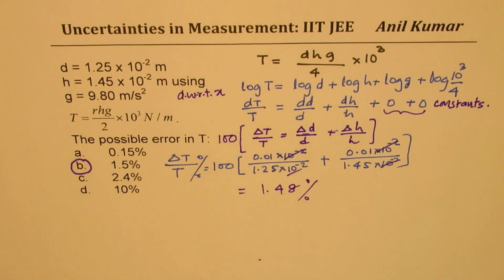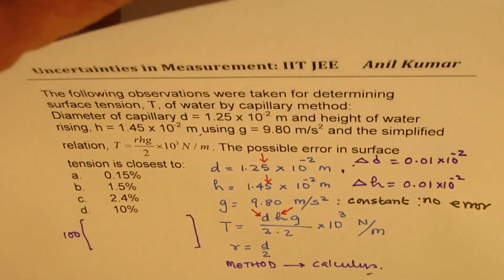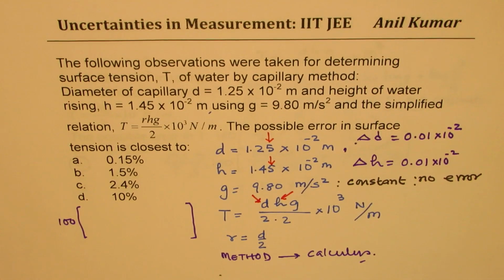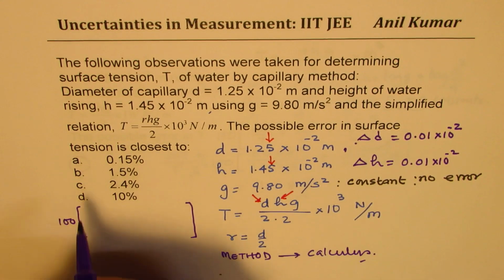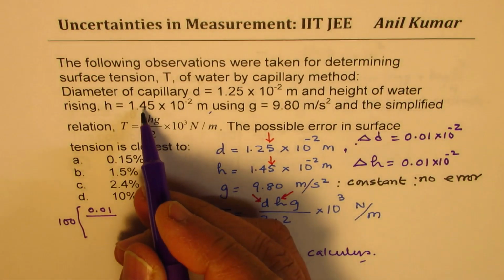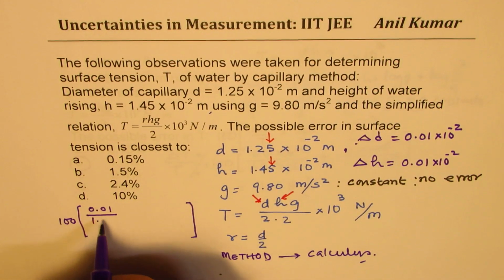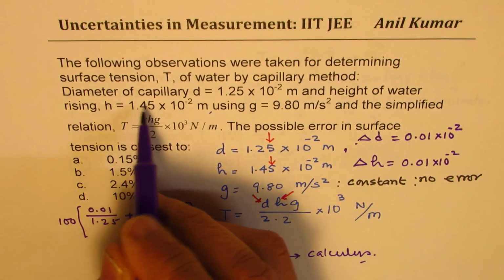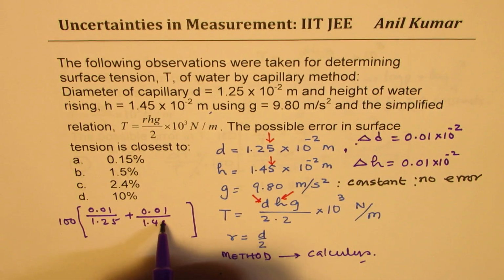Getting back to our original page, let's see where we were. It is right here. We could have straight away written the changes, which is 0.01 over the original, which was 1.25, plus 0.01 over 1.45, correct?